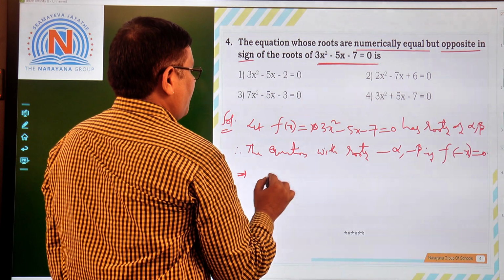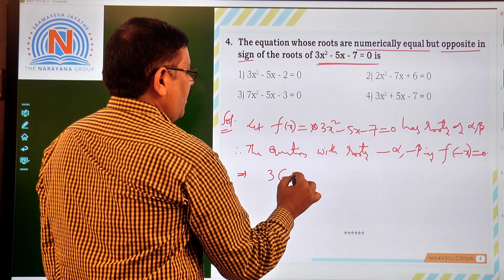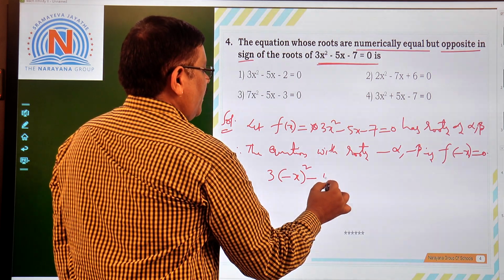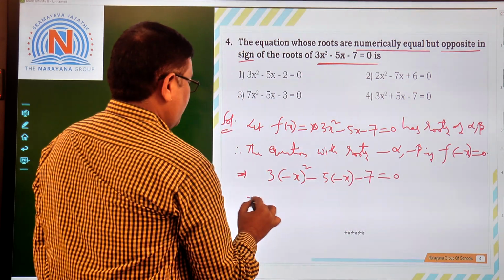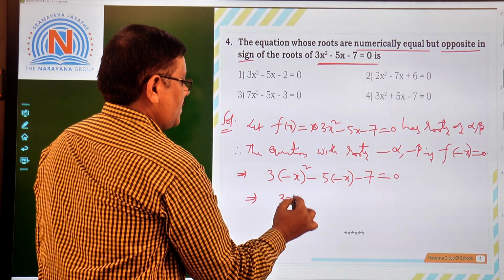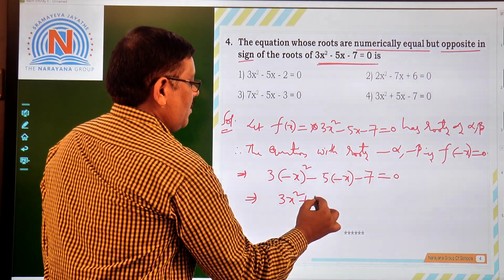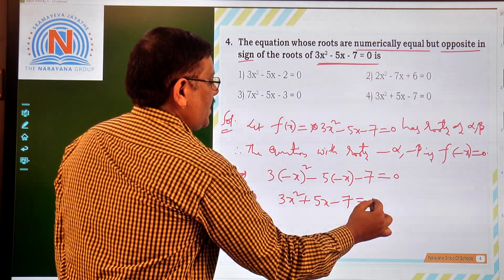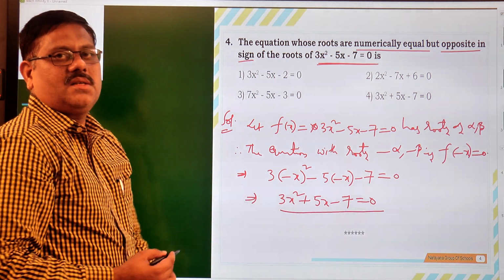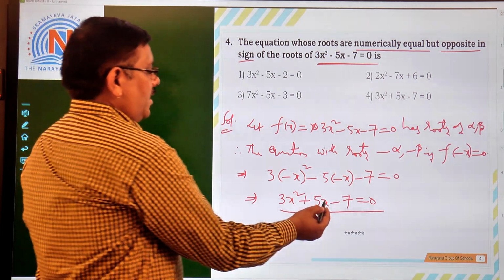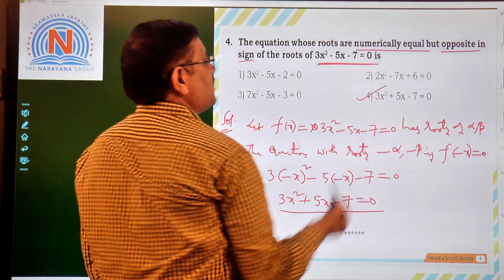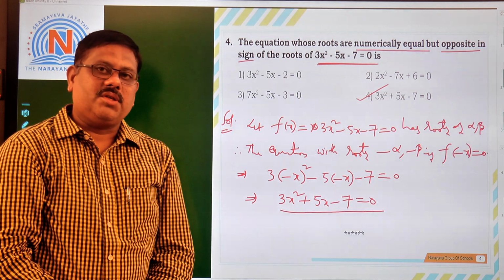That implies f of minus x, in the sense, wherever you have x, replace that with minus x. Thereby you get the resultant answer. That is 3 times x square minus of minus, that is plus 5x minus 7 is equal to 0. So the required answer for us is 3x square plus 5x minus 7 is 0. That is the right option for us.